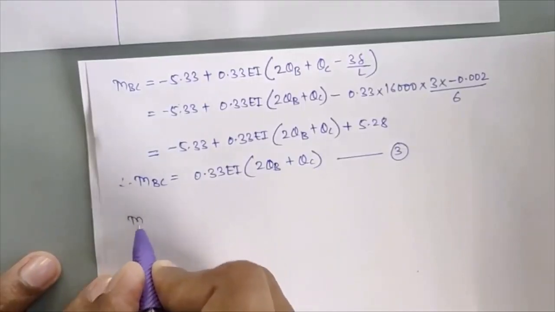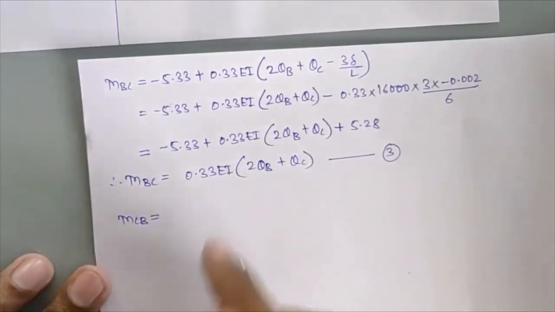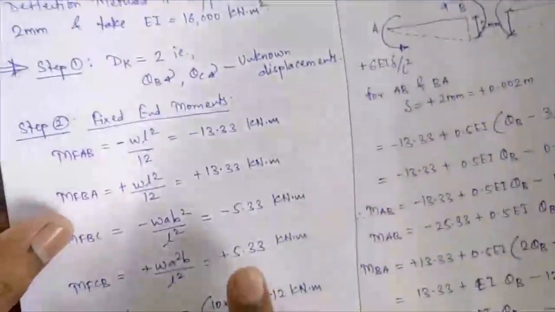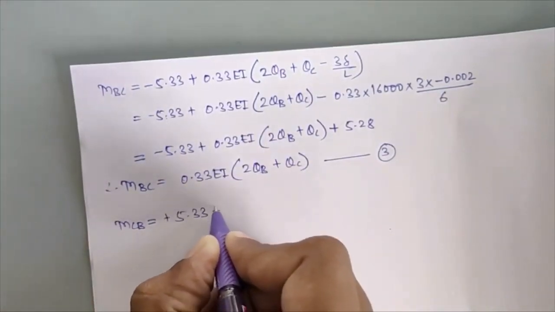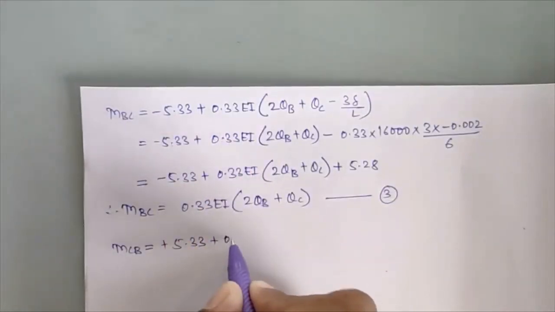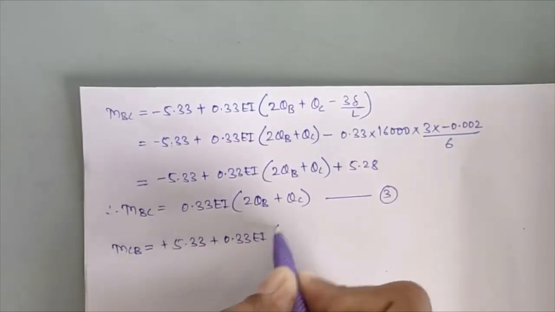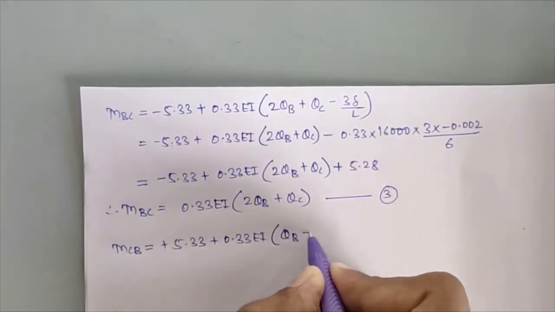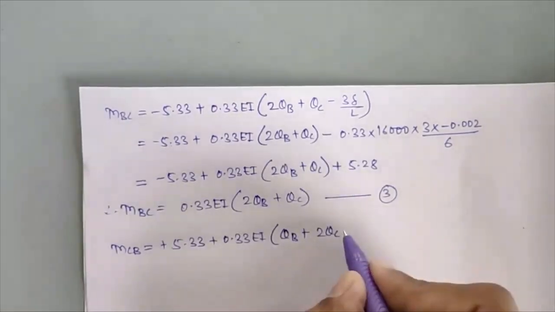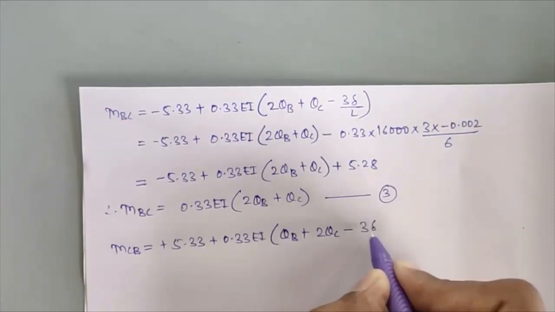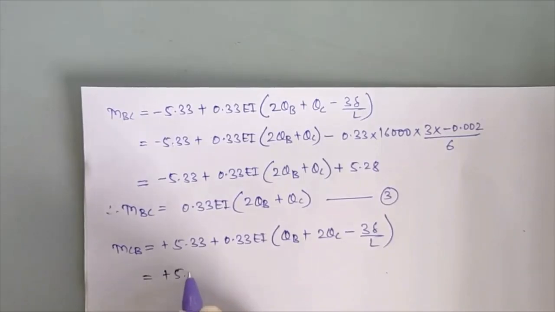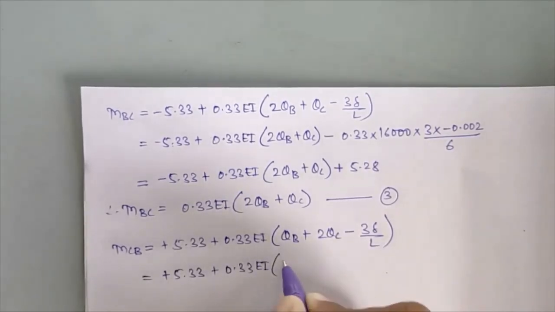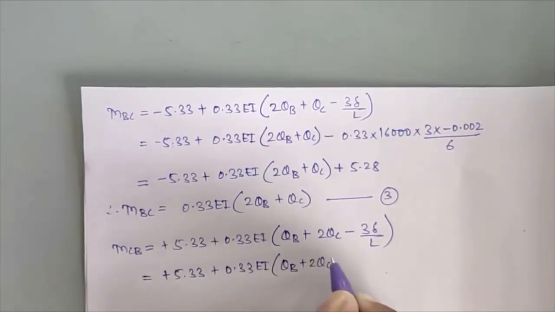Next equation, that is for MCB. Okay, MCB, that we have calculated as MFCB, again it is plus 5.33 plus 2 EI upon L, that we get as 0.33 EI into bracket near end rotation, that will be theta b, plus far end rotation will be 2 times of theta c minus 3 times of delta divided by L. So this I get as plus 5.33 plus 0.33 EI into bracket theta b plus 2 times of theta c.